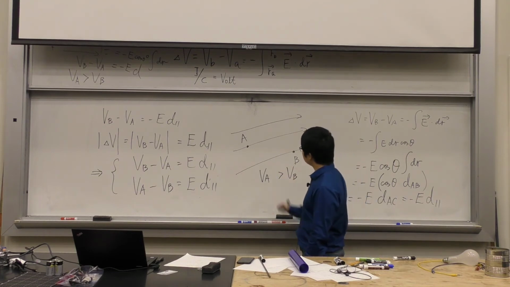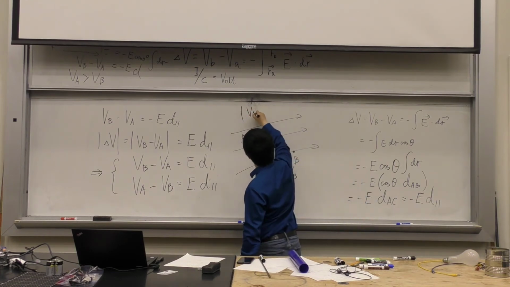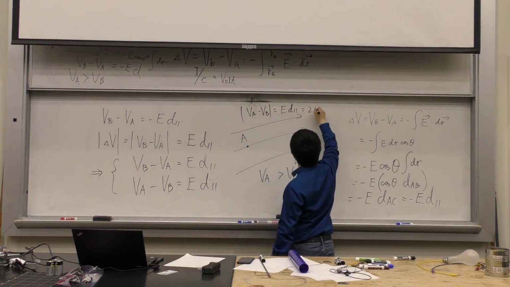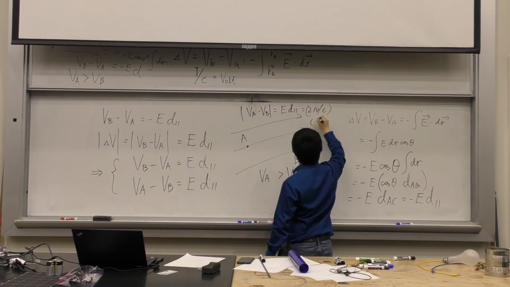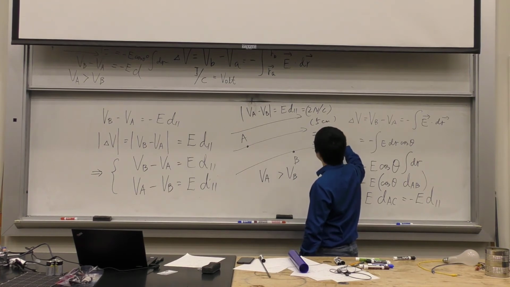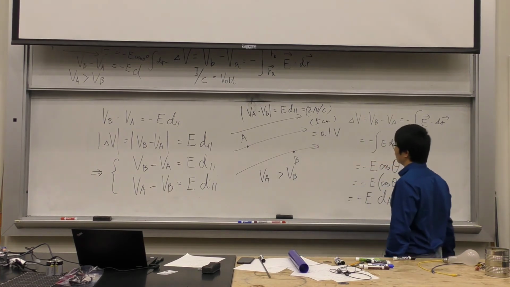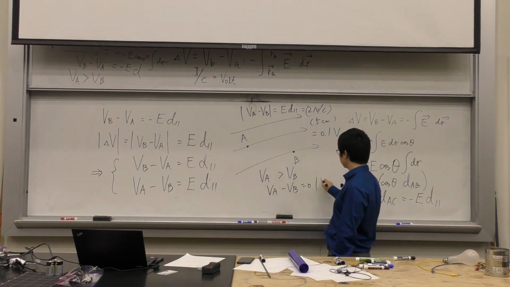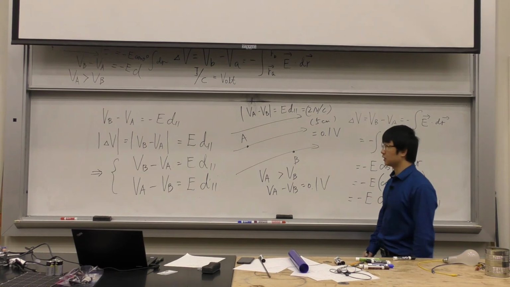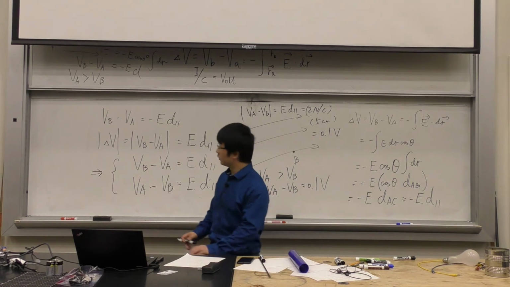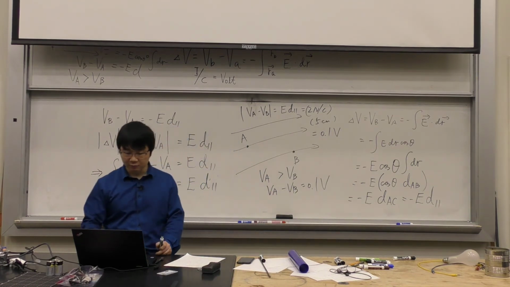So if I calculate the difference between them, it's E times d parallel, say 2 newtons per coulomb times 5 centimeters. So that's going to be 0.1 volt. Then I know that I should write VA minus VB is 0.1 volt, not VB minus VA. That's how I'm going to use that conclusion, because I don't know which one you should call A and which one you should call B. If I see this equation, that's how I'm going to use that conclusion.